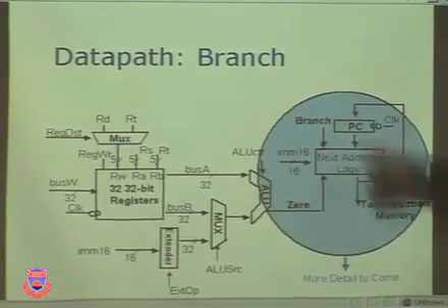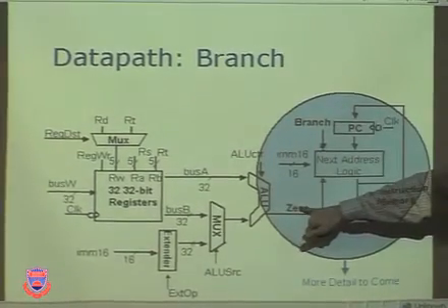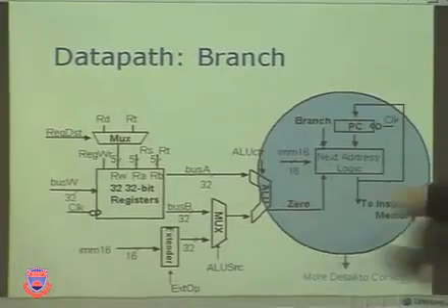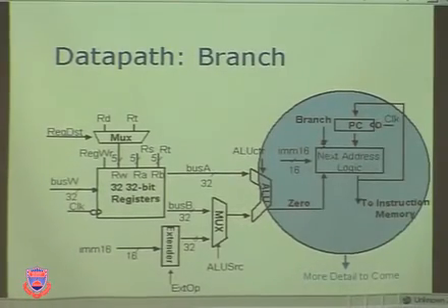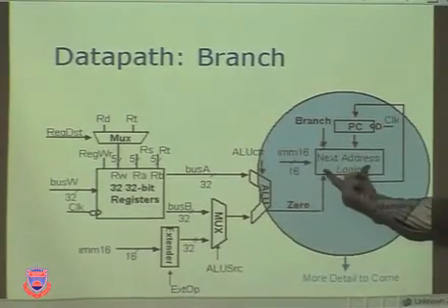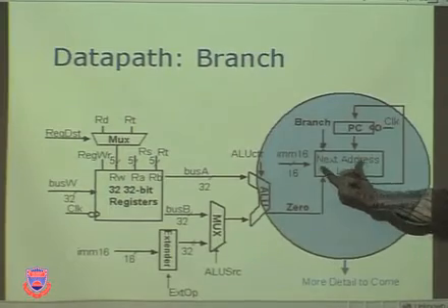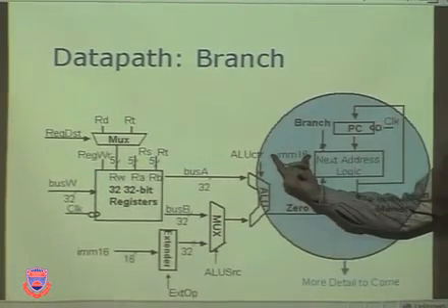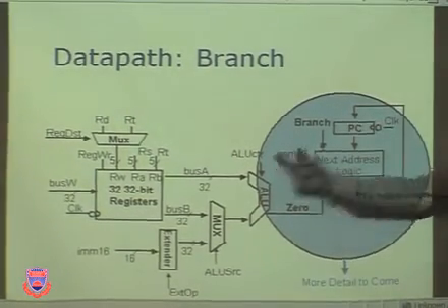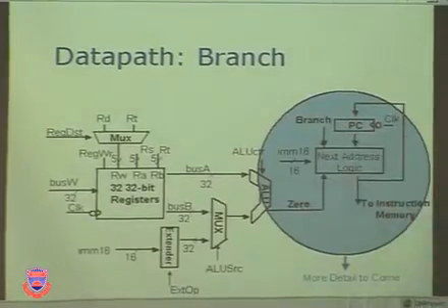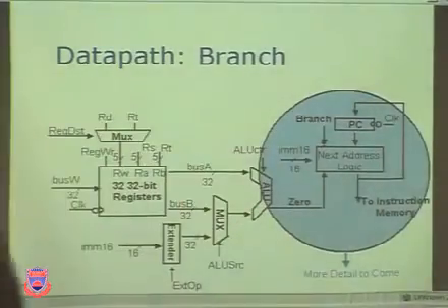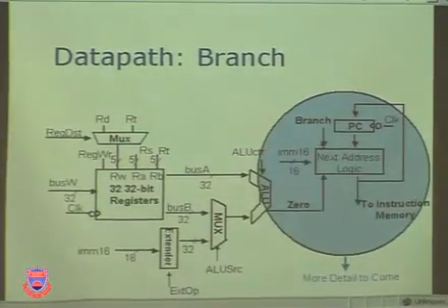Yeah. If this is BEQ and this is 0, do I take the branch? If this is BNE and this is 1, do I take the branch? No. Okay, we got it figured out now. So what does this logic have to be able to do? Take that, multiply it by 4, sign extend it, and add it to this plus 4. It has to have some hardware inside it to do that. That's all there is. That's how you determine the next value of the PC.